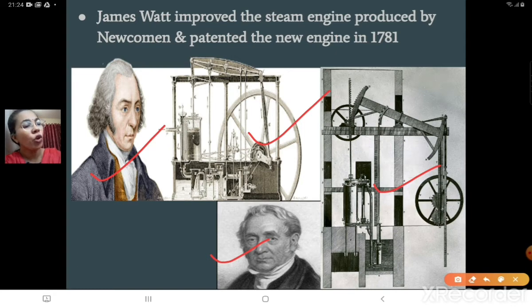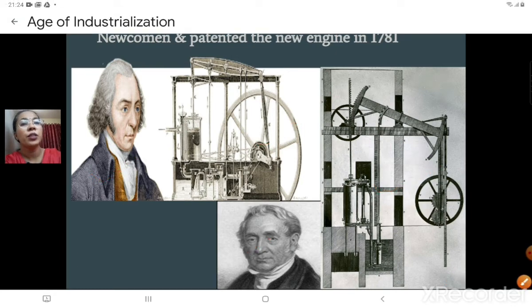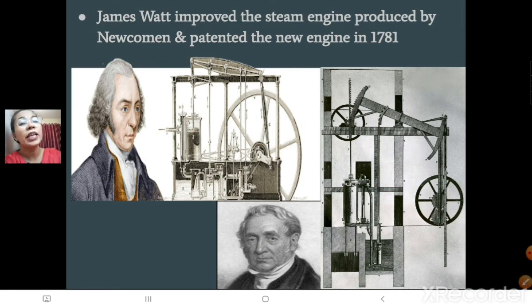Now, he not only improved the steam engine, but he also patented this new engine in the year 1781. Children, patent means getting a sole right to exclude others from making, using, or selling the same invention.